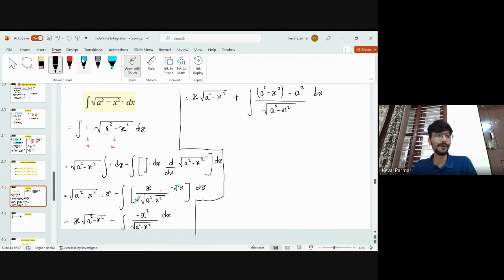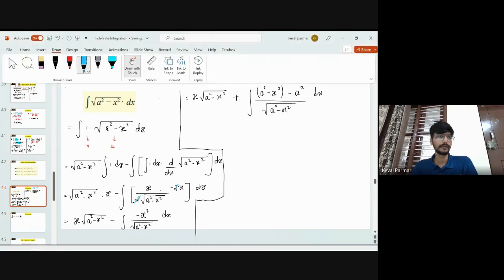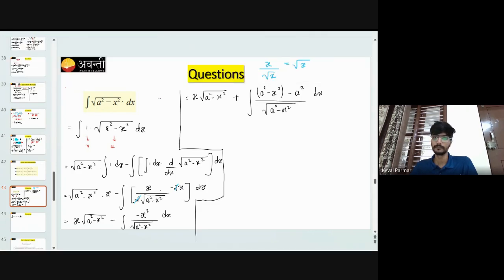Now I hope you all know this. If we rationalize, I'll get root x. Right now? I hope I am doing right. Is there some mistake here? So here I'll split the denominator.